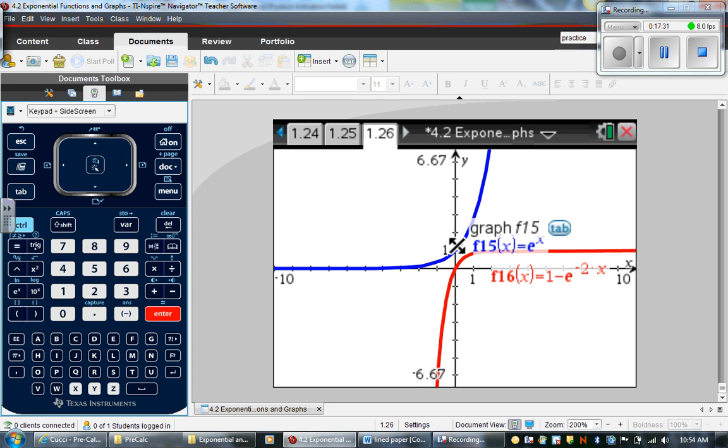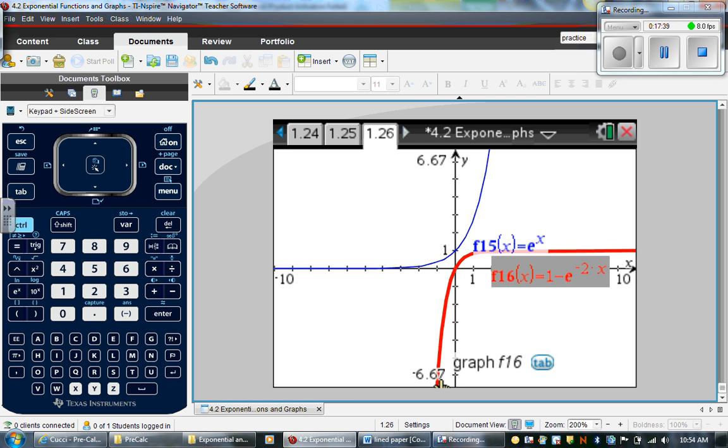The 1 minus did shift it, and because it's a negative e to the x, it also reflected over the x-axis. So again, reflection over the y, then a reflection over the x, and a translation up 1 unit. Okay, this is a plus 1, so up 1 unit.